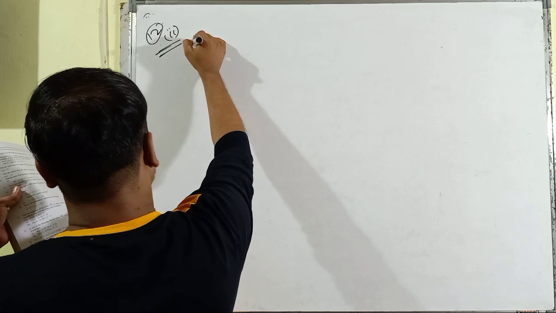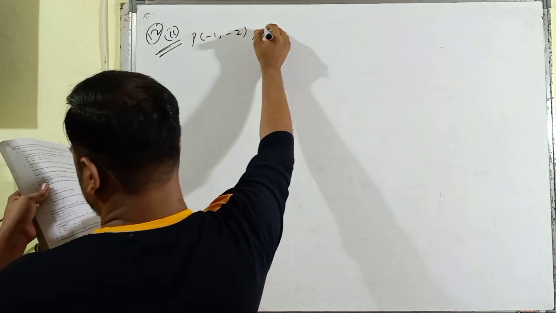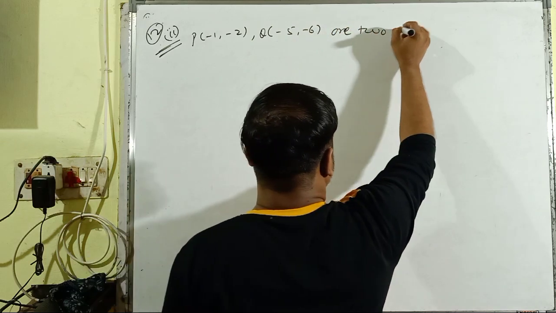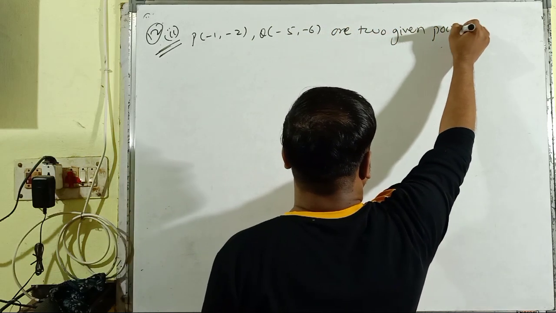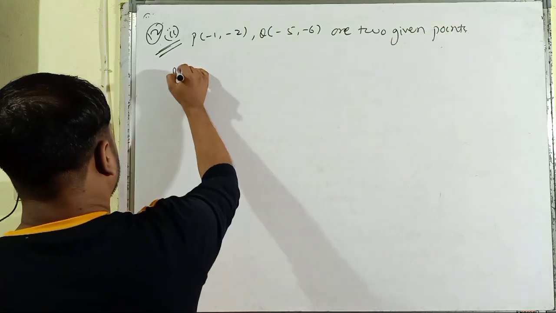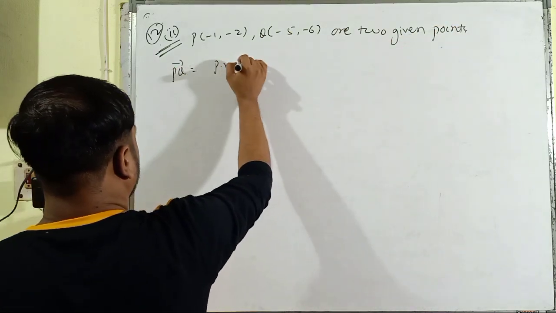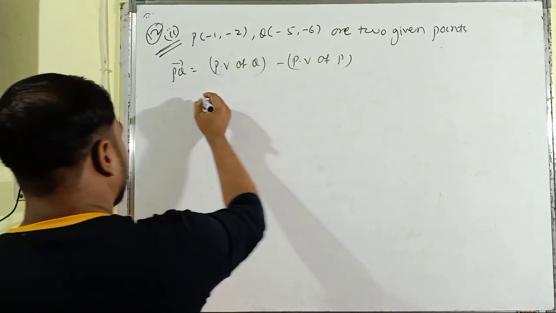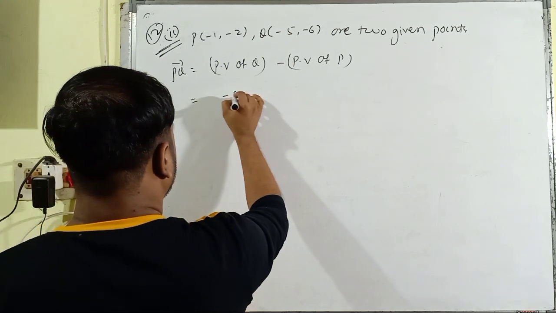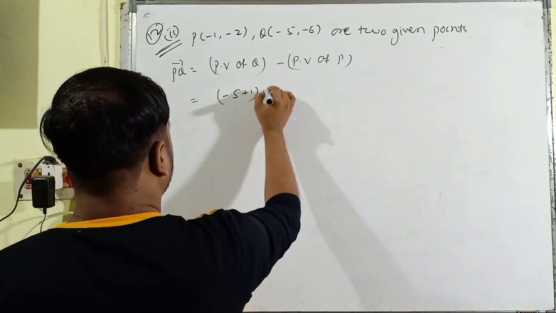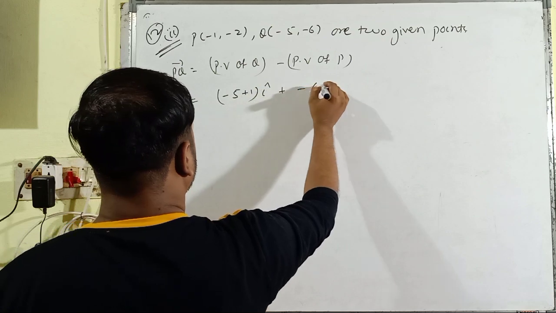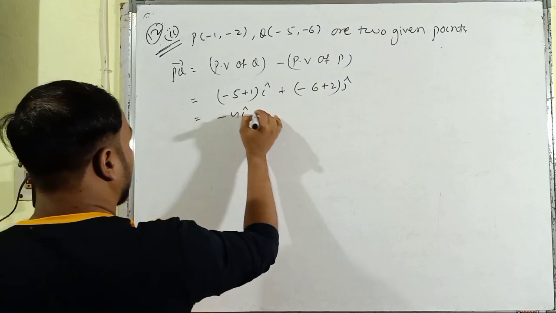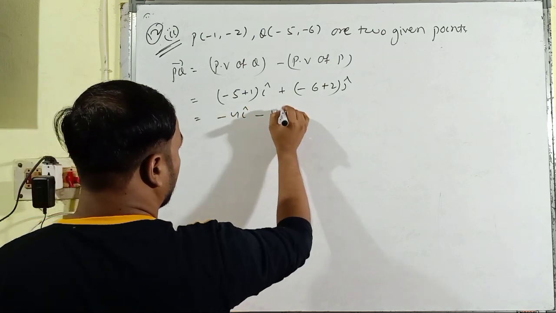The second question, P(-1, -2), Q(-5, -6) are two given points. The PQ vector is position vector of Q minus position vector of P. Okay, so this is (-5 plus 1) i cap plus (-6 plus 2) j cap, and it is minus 4 i cap, then it is minus 4 j cap.